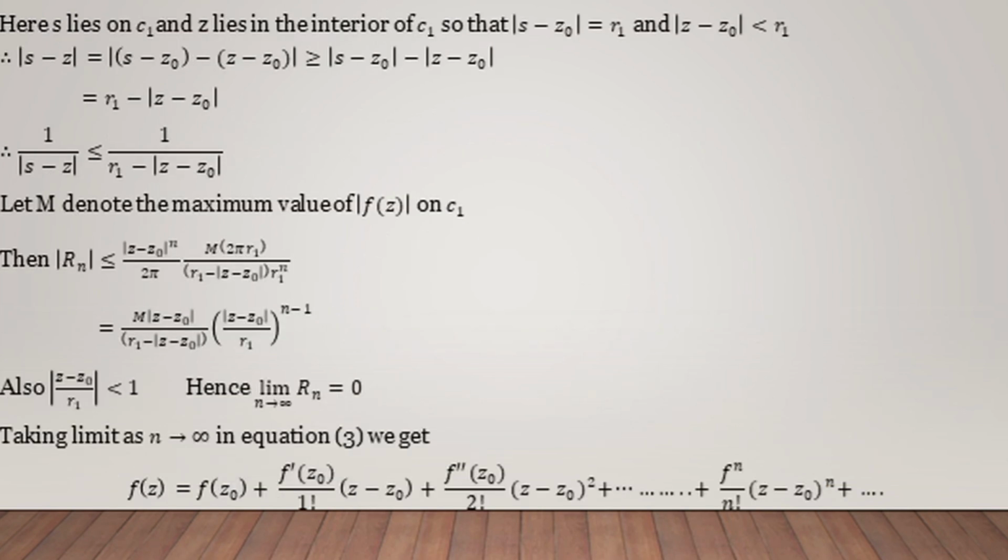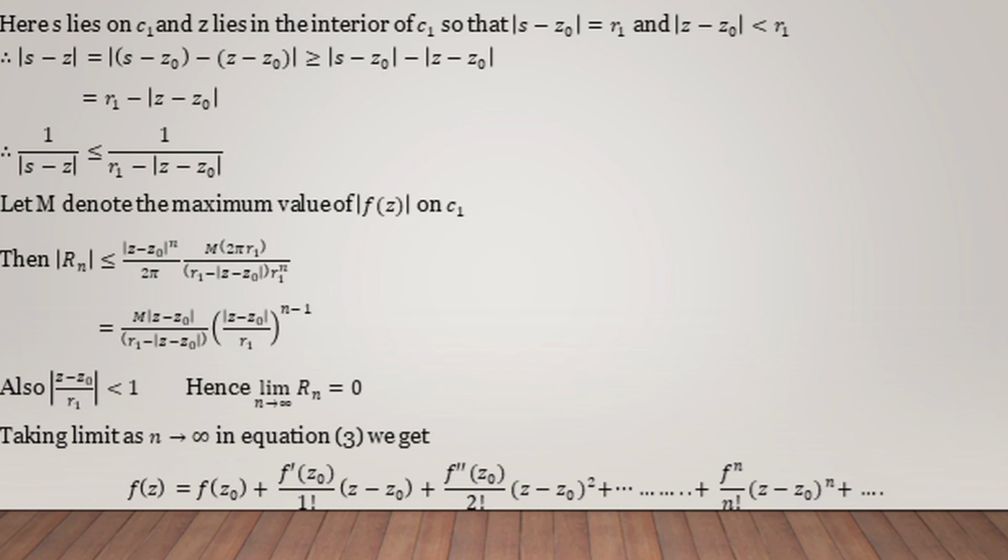So next here s lies on the circle C1 and z lies in the interior of the circle. So we will get modulus s minus z0 equal to r1 and also modulus z minus z0 is less than r1. So from this we will get modulus s minus z equal to modulus s minus z0 minus z minus z0, where we add and subtract z0.